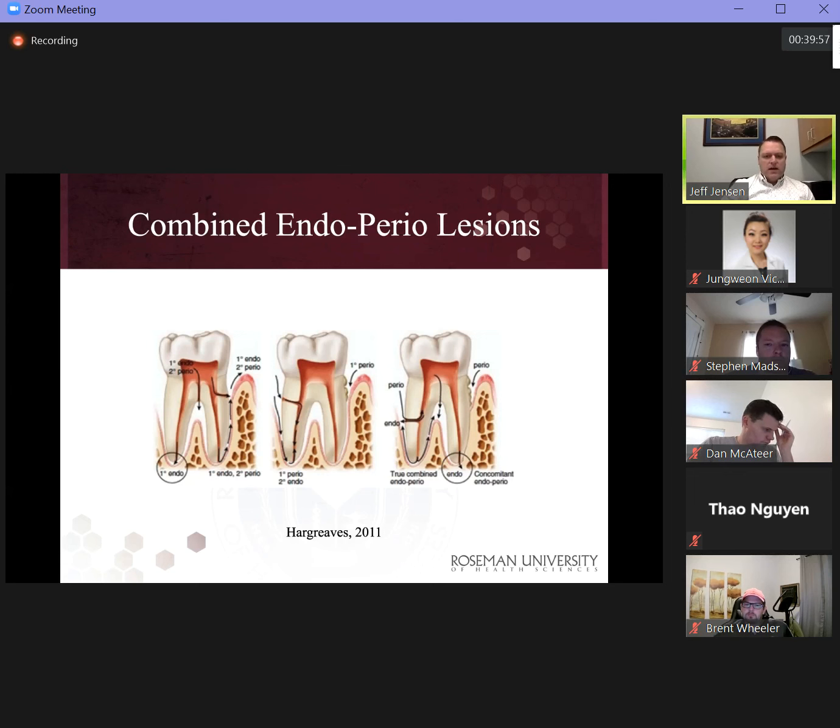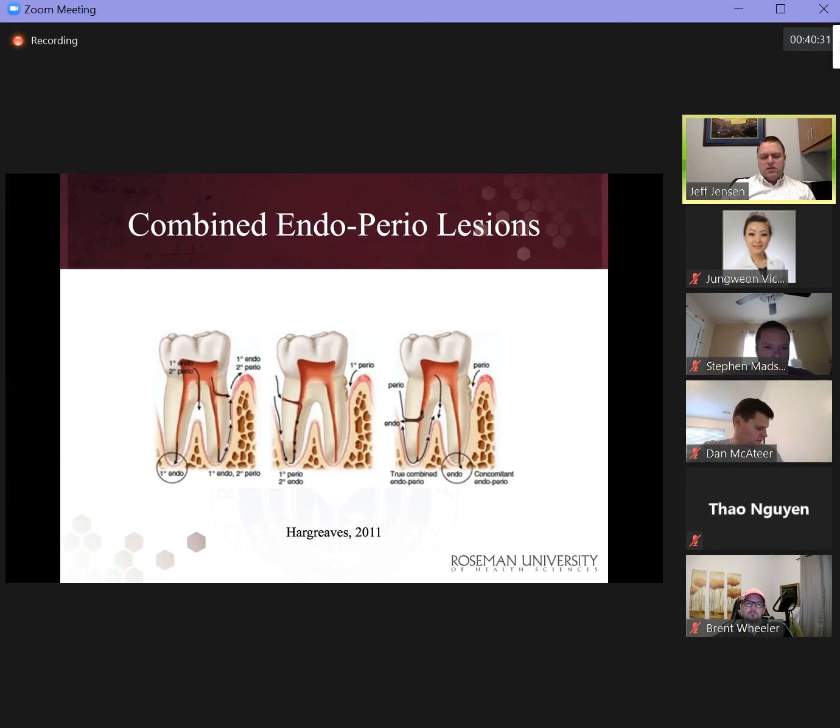So you have endo starting first, and then sometimes we'll see that either drain up through the periodontium, or in this case, it's showing an accessory canal causing some periodontal tissue loss. Again, primary perio on the right side of that center tooth. You've got calculus and attachment loss starting from the coronal aspect.